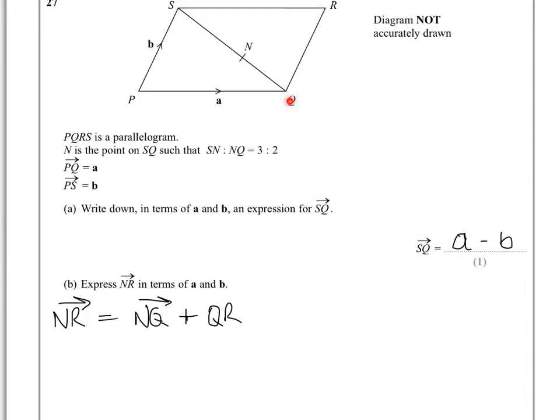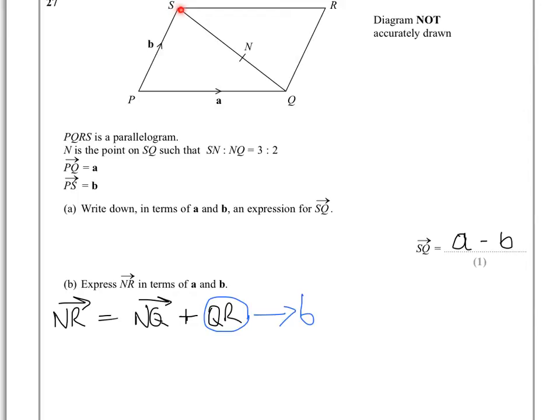Now the first bit that we'll do is the easy bit. Q to R, in terms of a vector, since this is a parallelogram, is exactly the same as P to S. They're parallel, so this bit here will just be B. So that now leaves NQ. Now in order to go from N to Q, we're told that this is in the ratio of 3 to 2.